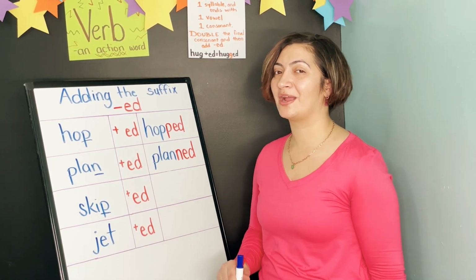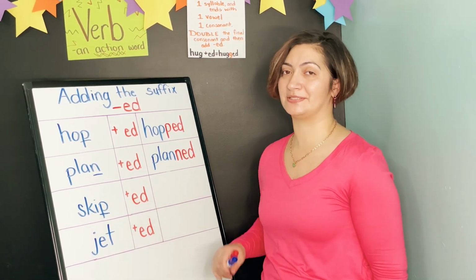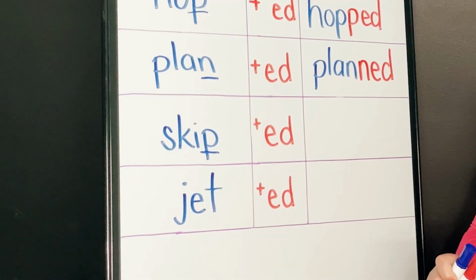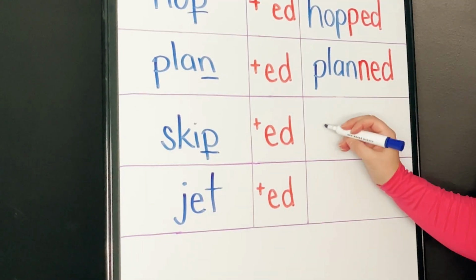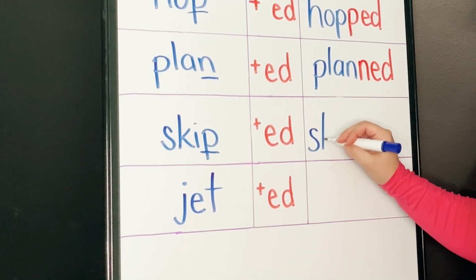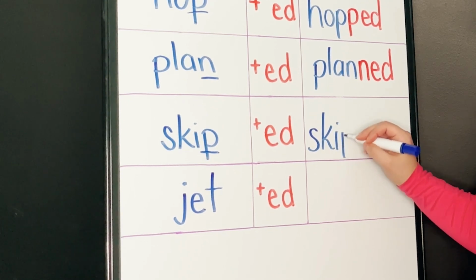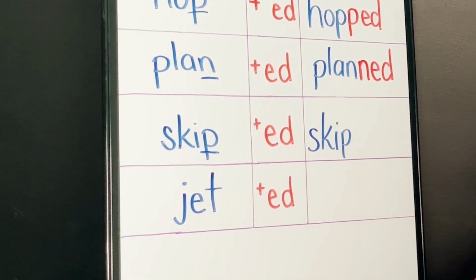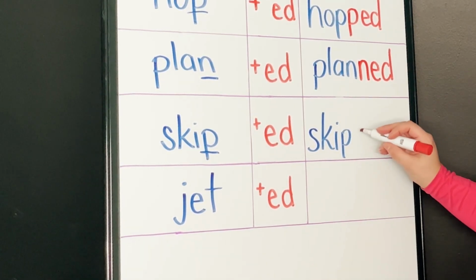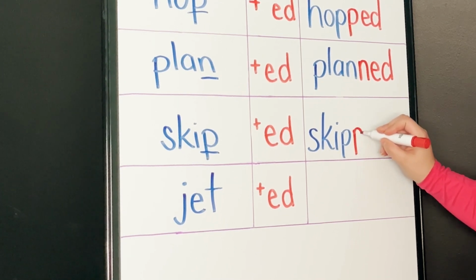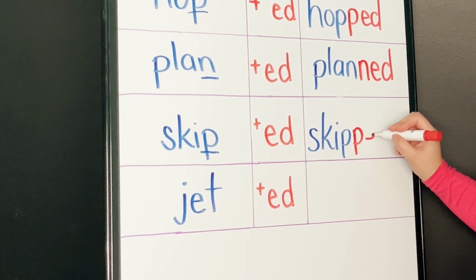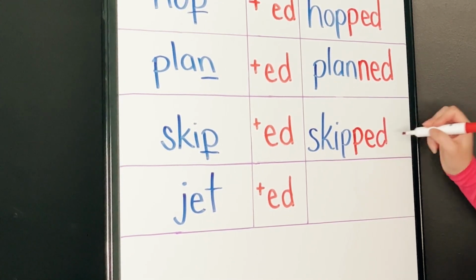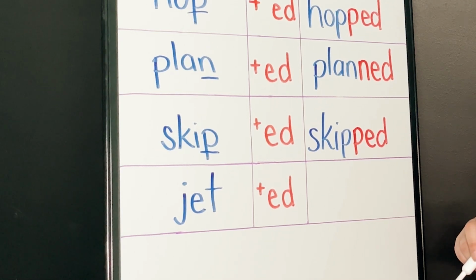Go ahead and try to write the word skipped. All right, scholars, let's check your work. So you keep the base word skip. Remember, these are action words, verbs. And we're doubling that last consonant and then adding our ED. Skipped. Great work.